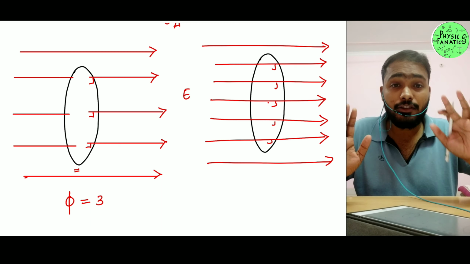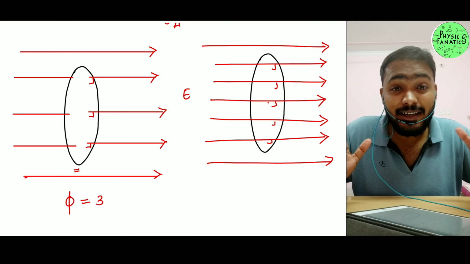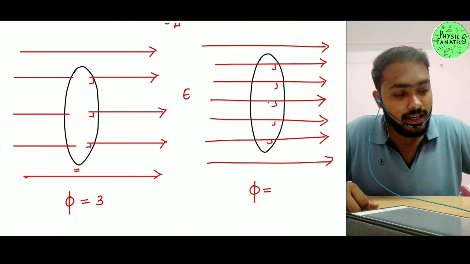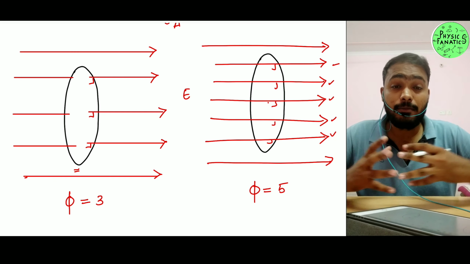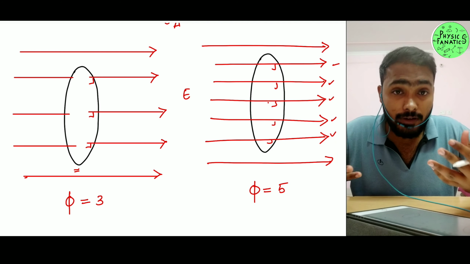The only difference this time is that the number of electric field lines is increased. This time I have 5: 1, 2, 3, 4, 5. So the number of electric field lines has increased, and so does your flux.